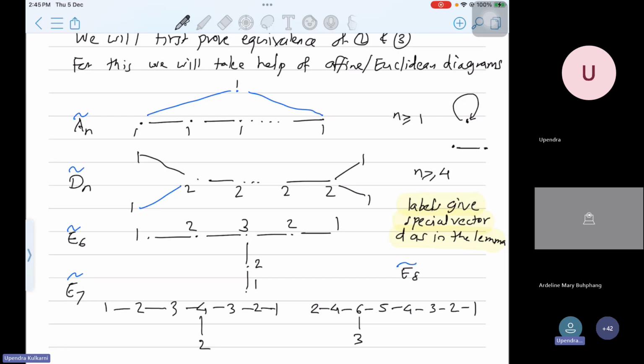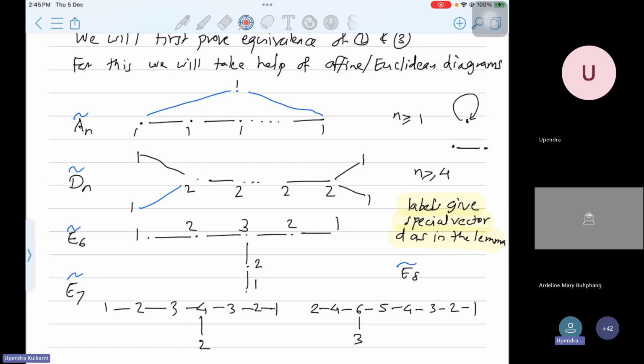So remember, in order to get A n tilde, my confusion is cleared now, that was a brain fade. A n tilde means I start with n vertices and then add a loop, correct? If I have A1, then A1 is just a single dot, and A1 tilde means I add a vertex. Yes, you're always correct, add one vertex to A n. So I do want to make a definition that A0 tilde is a loop, because I want to include that as a case.